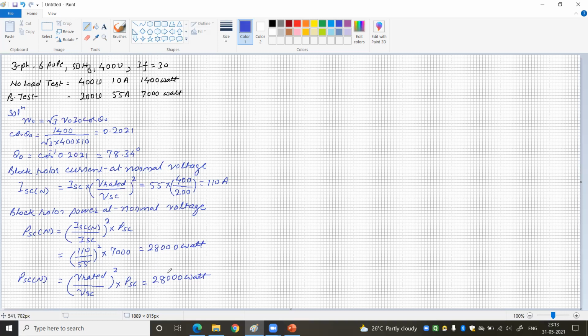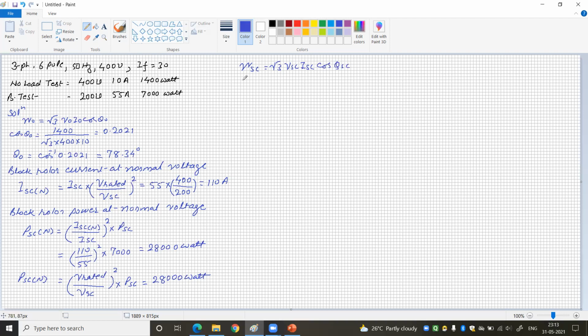Okay. Now from the block rotor test, WSC is equal to √3 VSC ISC cos of theta SC.